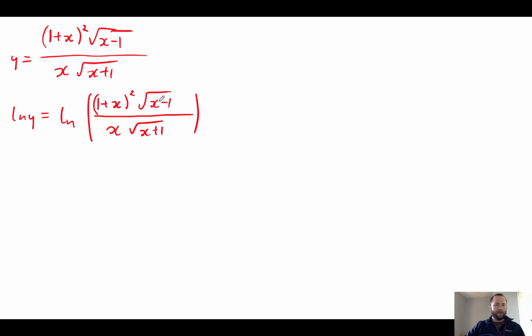So whenever we have a product of two terms, taking log of the product turns into addition of two logarithms. So we're going to end up with ln of 1 plus x, that in the bracket all squared, plus ln of, I'm going to turn root x minus 1 into x minus 1 to the power of a half, because that's what square root corresponds to.